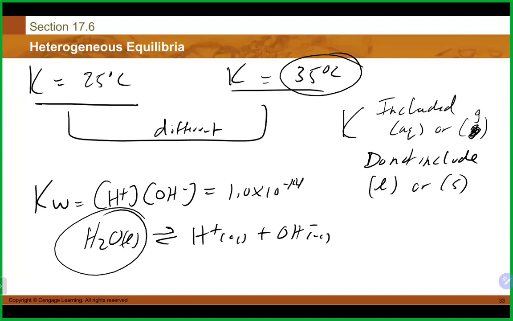So in this case, it's just the products that are involved. Anything that is a liquid or a solid is not included. A solid is basically just sitting there, not really participating in the equilibrium, and a liquid has a very constant concentration over time, like water, so it's not really changing all that much during this process.